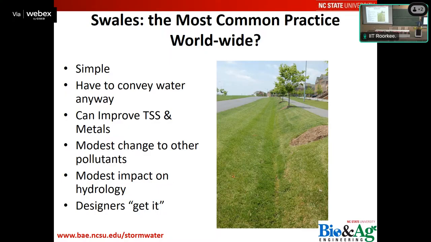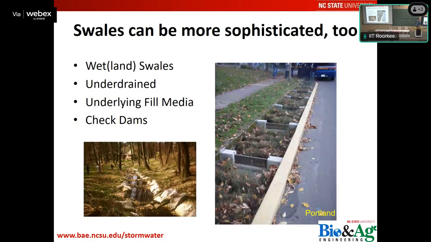You've got water up here, it's got to go down here. Why don't we just have it flow through a swale versus staying on a street or going into a concrete lined channel? But swales, those that I just showed you, those are all very simple.